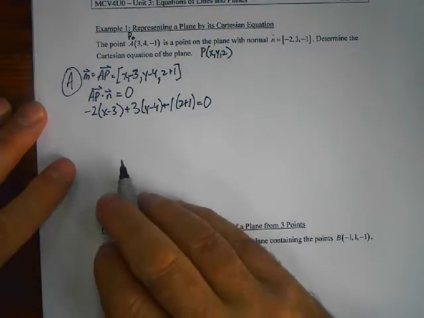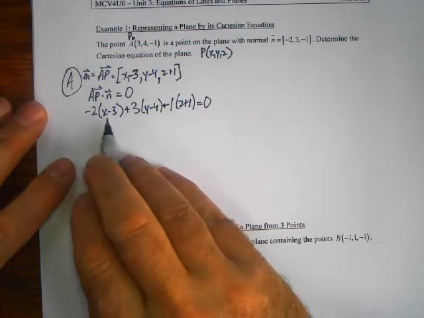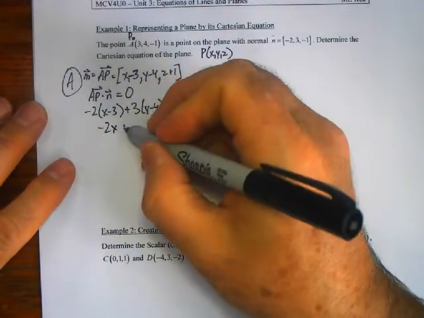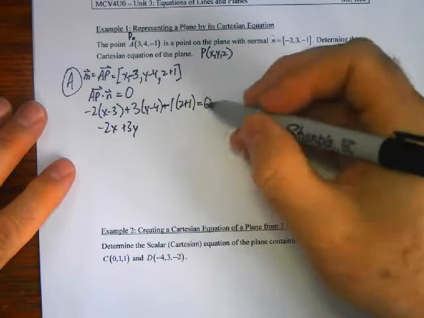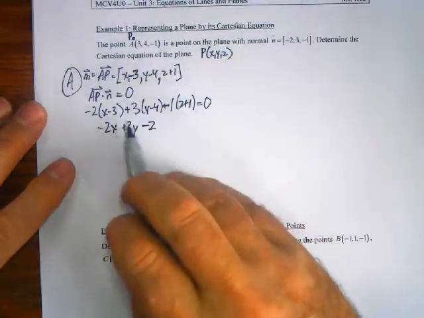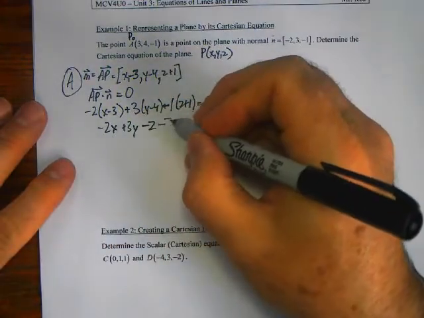If we simplify this, I'll skip a step here, but you can see I'm going to have -2x, plus 3y, and minus z, and the numbers here add up to -7.